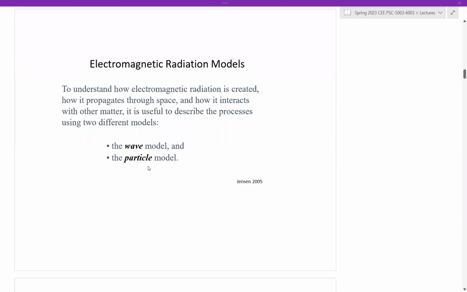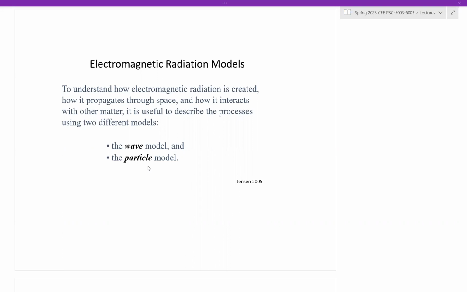So in the theory of light, to describe the nature of light, we have two mathematical models. Light is a strange phenomenon, and it cannot be described by a single model. It has properties of a particle, and it has properties of a wave, a probabilistic wave.